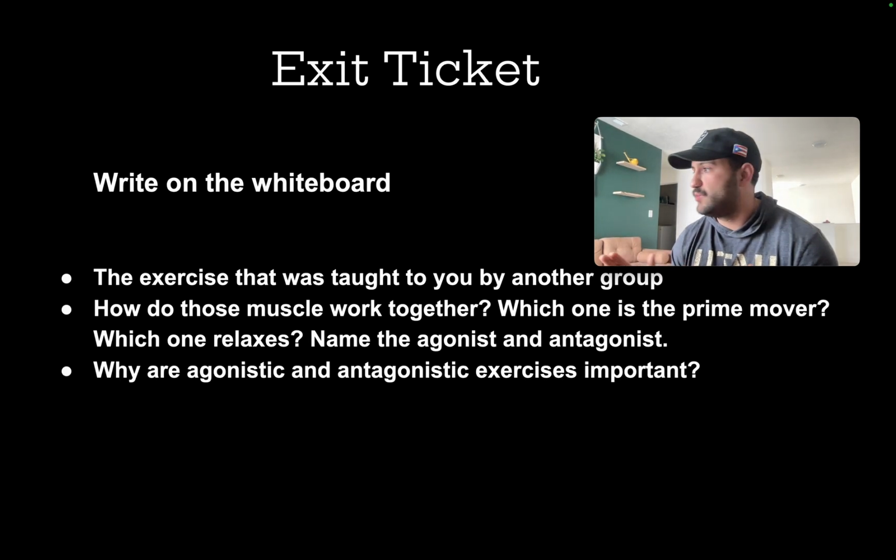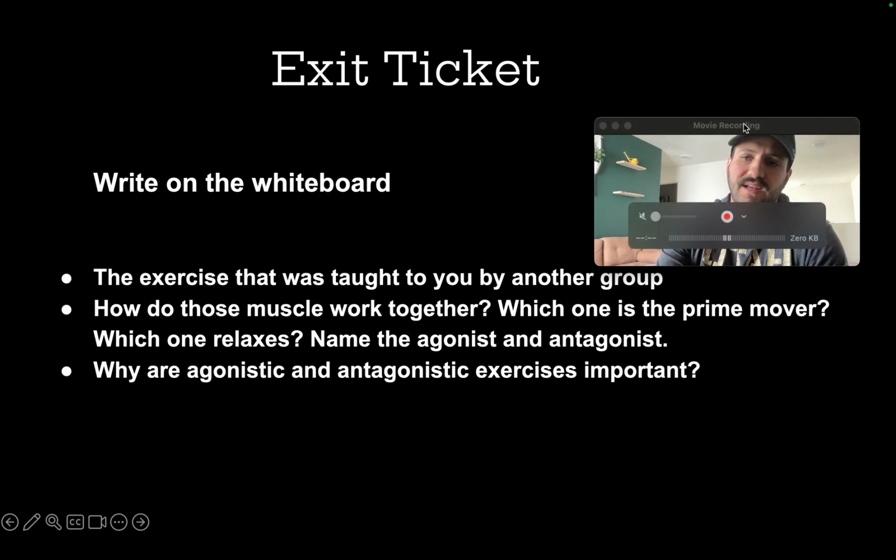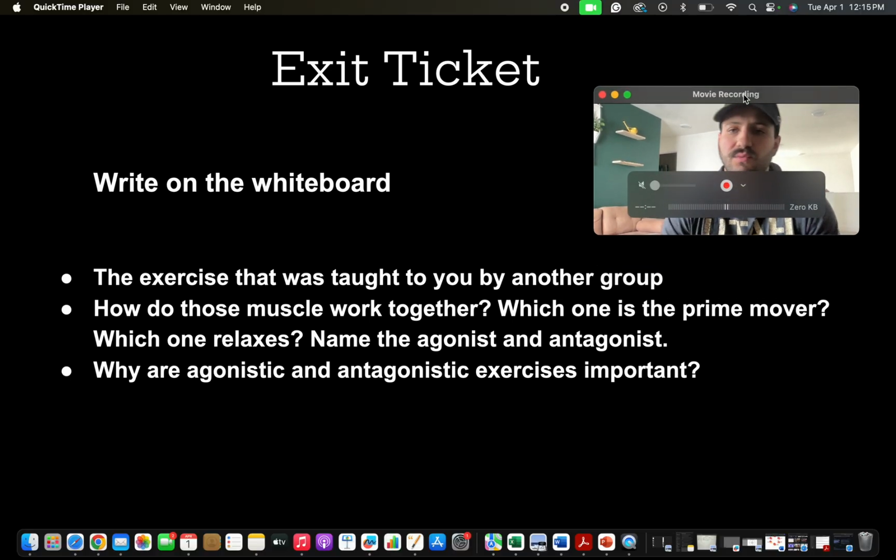All right, class, since you are done doing your activity, teaching your groups, and have a small understanding on what agonist and antagonist muscle pairs are and how they can help you design an exercise plan for yourself, I want you guys to write on the whiteboard and understand this is part of your exit ticket, so all of you are going to have to do it.